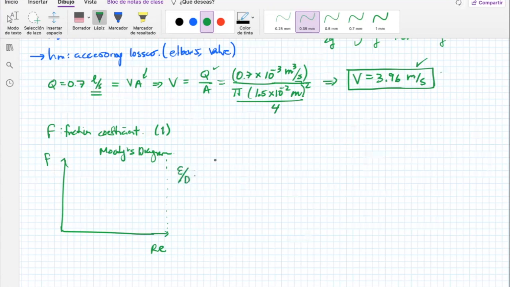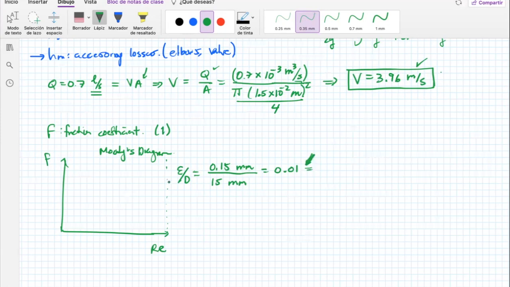The relative roughness equals the absolute roughness, in this case 0.15 millimeters, divided by the diameter in the same unit. Maybe you remember that it was 1.5 centimeters, which is the same as 15 millimeters. And that will get you to 0.01. That's the relative roughness of this example.